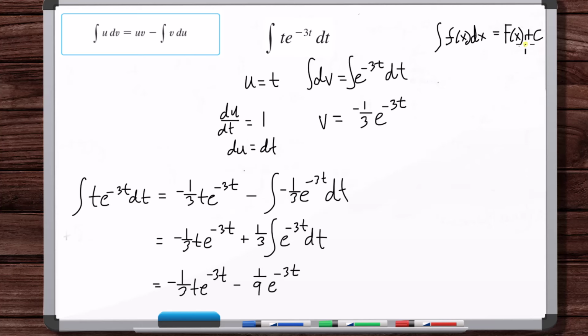The only thing is that every term is going to have at least one variable in it, not just pure constants. F prime of x is equal to f of x, so this is an antiderivative of f of x. But to make this the most general answer, all you have to do is add an arbitrary constant to the back end of the capital F of x. So this is capital F of t. Now all we need to do is do that, and there's the antiderivative.